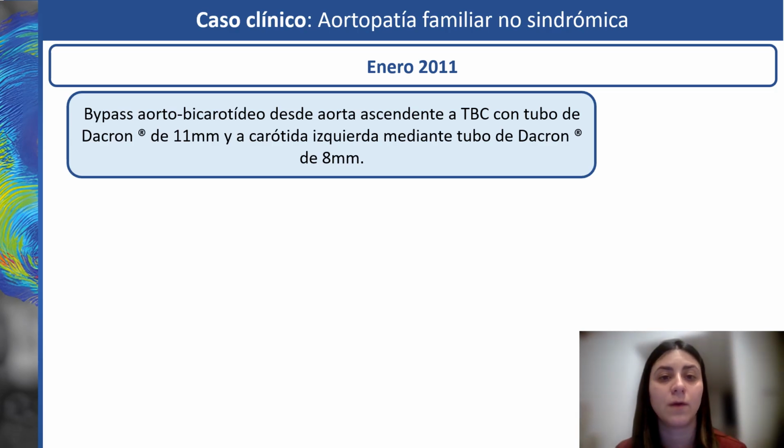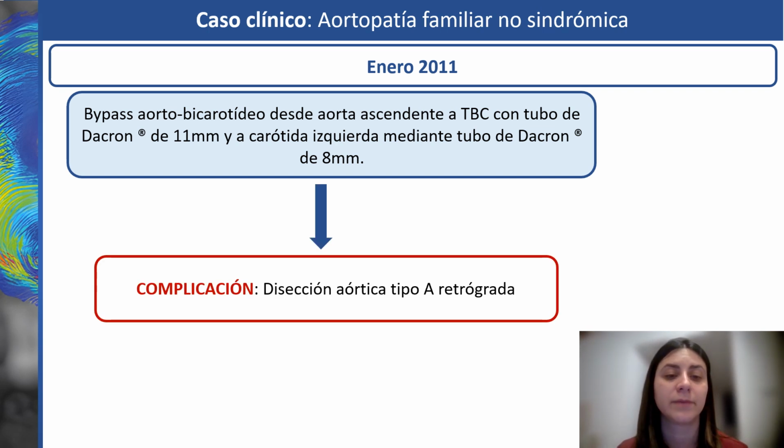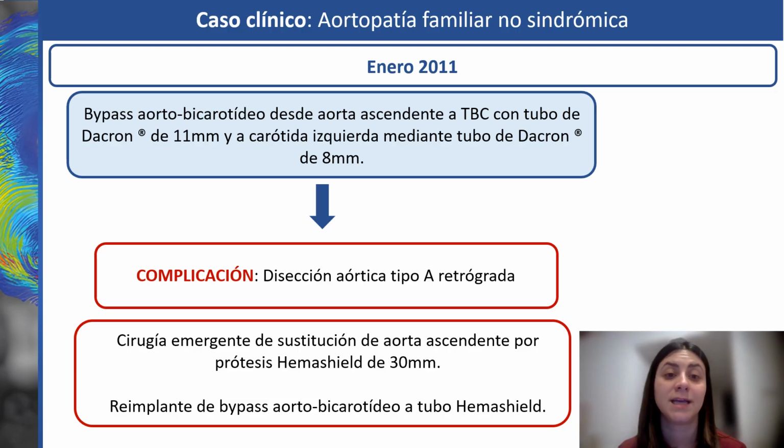The vascular surgeons were surprised by the significant fragility of the aortic tissue that the patient presented, and the fragility was so pronounced that during the surgery, the patient had a serious complication, a retrograde type A aortic dissection, which forced the team to perform an emergency surgery to replace the ascending aorta with a 30 mm HemoShield prosthesis, and to reattach the bypass that connected the ascending aorta to the brachiocephalic trunk and left carotid artery, attaching this bypass to the tube.